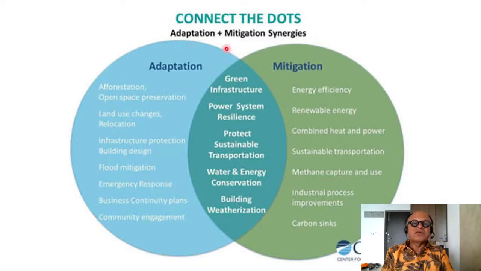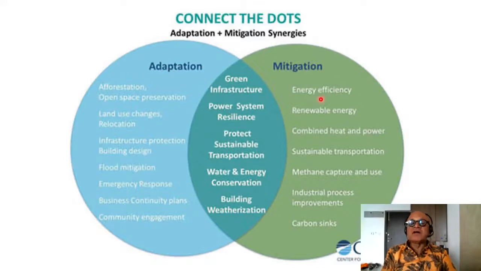So here the adaptation and mitigation synergies are being looked at. If you just consider adaptation, of course, afforestation, open space preservation, land use change, relocation, infrastructure protection, building design, flood mitigation, emergency response, business continuity plans, and community engagement. Sorry, it's a bit fuzzy, the figure, I expanded it too much, but you can go and find it.